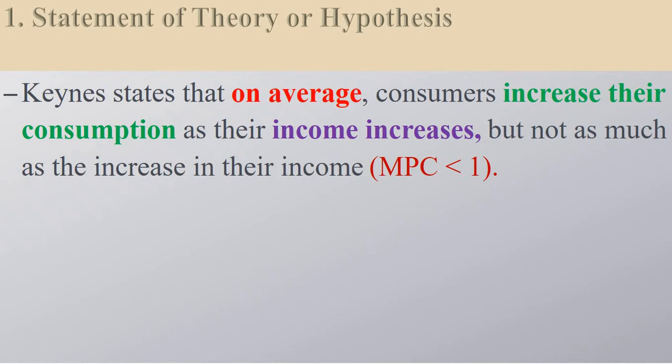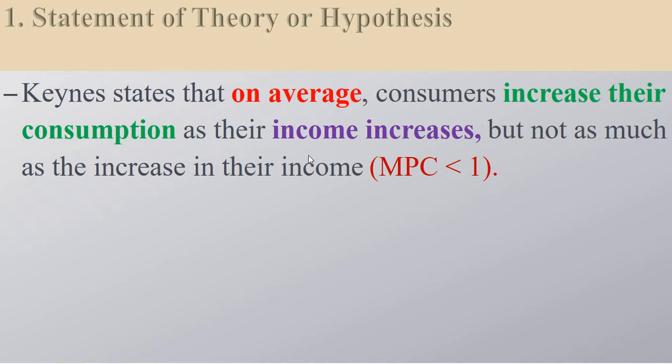This is the next, more detailed explanation of our economic theory or hypothesis. What does the genius of economics, Keynes, say? That on average, if we increase our income, our consumption increases. Keynes said that the MPC, marginal propensity to consume, is less than 1.